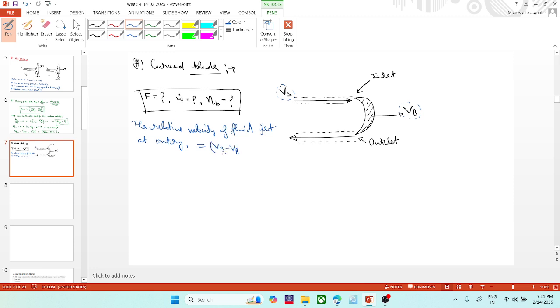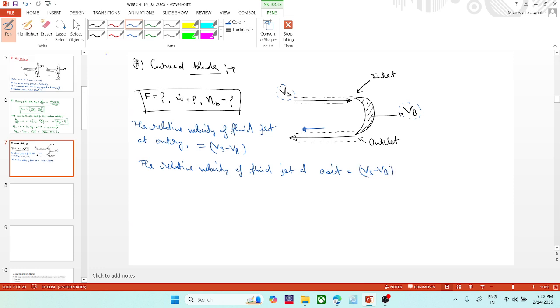Similarly, the relative velocity of the fluid jet at exit has a similar value. This velocity would be Vs only, and the blade is moving with Vb, so it would be Vs minus Vb, the same value.